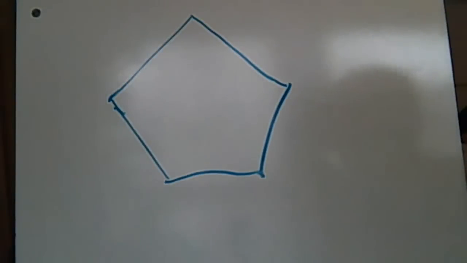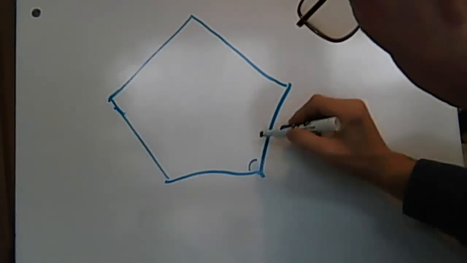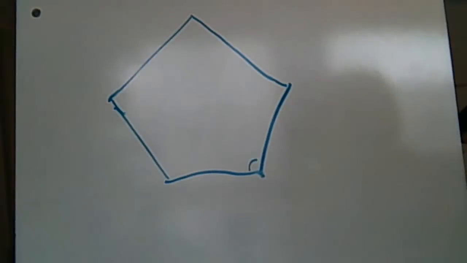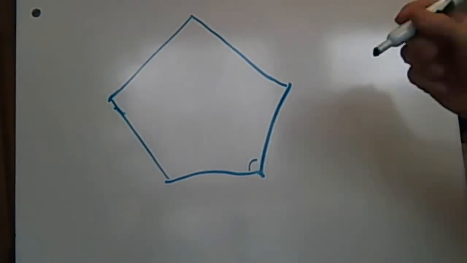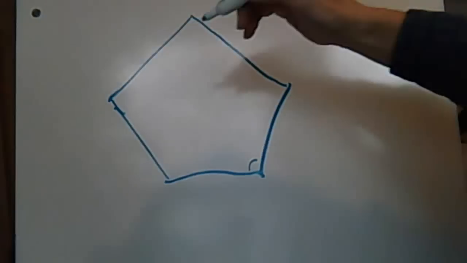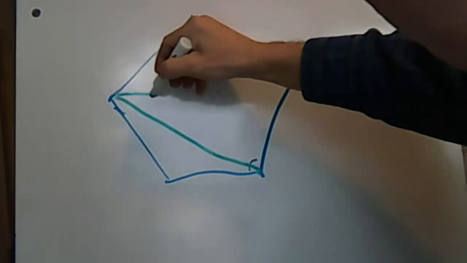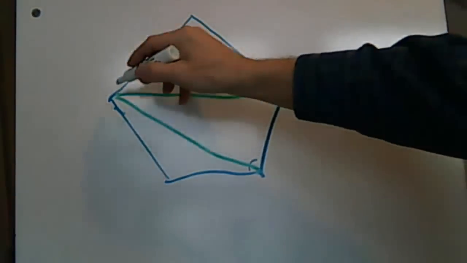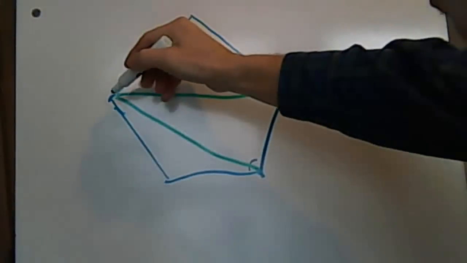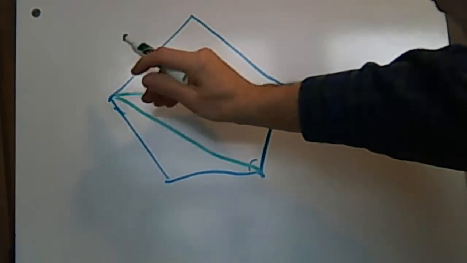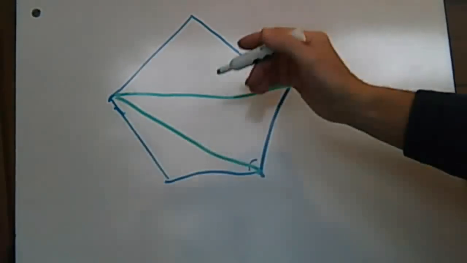Now, the first thing that we're going to talk about is what is the angle in a pentagon. In a square, the angle is 90 degrees, or a right angle. But in a pentagon, it's not. It's more than 90 degrees. Now, one way to find out what it is to observe that since a pentagon has 5 sides, if you draw a pair of diagonals, you can cut it up into 3 triangles.